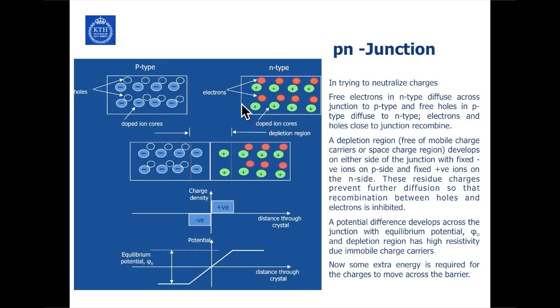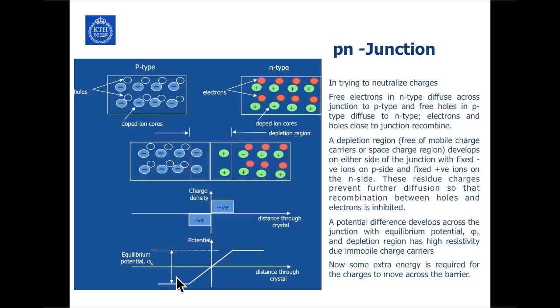And in the N-type material, you have the electrons here, and you have the doped ion core. So you bring them together, and you have positive charge built up on the N-type side, and negative charge built up in the p-type, and that will give you the equilibrium potential.